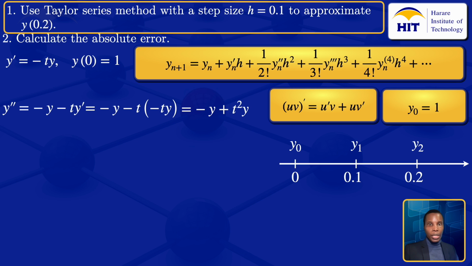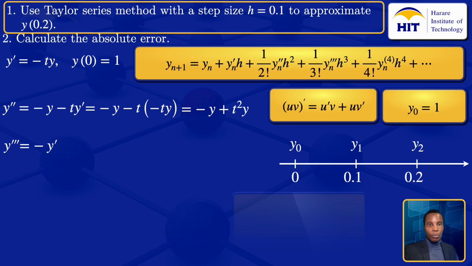We now go on and evaluate y triple prime, the third derivative. For the third derivative, we start by differentiating minus y. The derivative of minus y gives us minus y prime. But for the derivative of t squared multiplied by y, that's a product of two functions of t, so we have to use the product rule again.